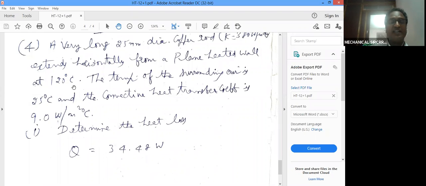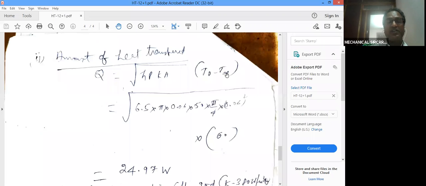That is, T naught minus T free stream is 120 minus 25. Substitute the available values in this equation.